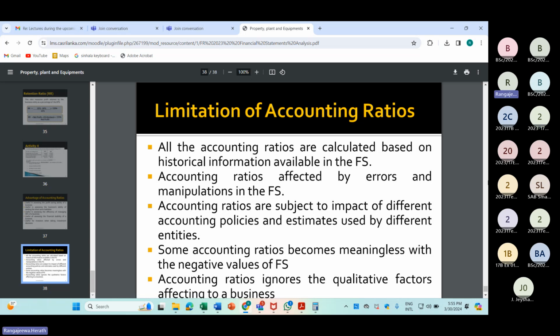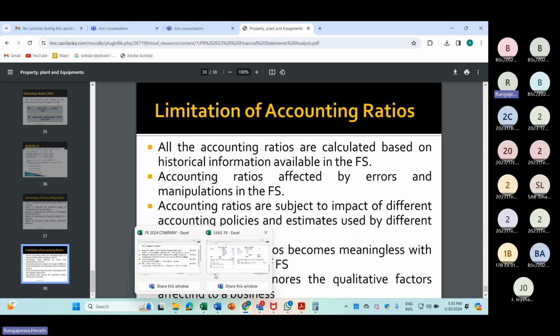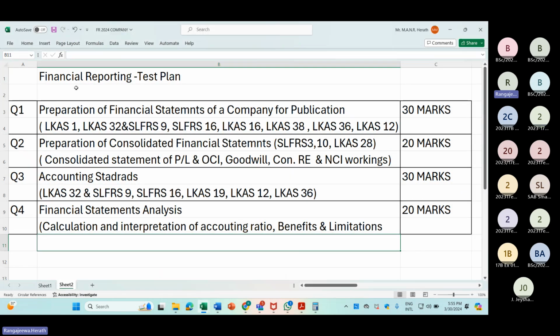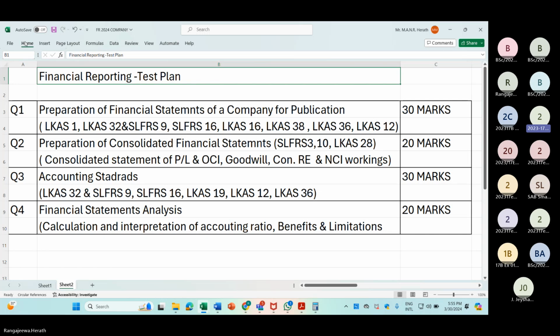So employee motivation, their talent, the impact of the brand, some incidents that happen to the business might create an adverse impact on the brand, which is not measured in the financial statements. So qualitative factors are ignored. Okay, so this is all we were planning to discuss in this discussion.